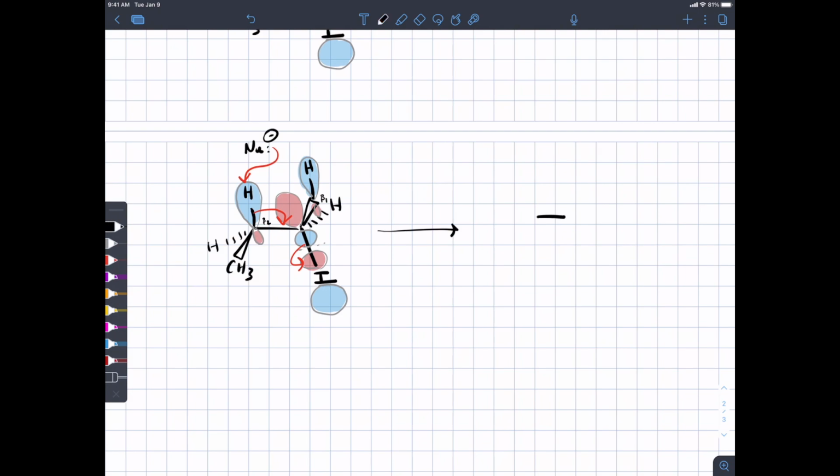The product then is not a substitution product, but an elimination product. It's called an elimination product because you've removed a hydrogen from the molecule and your leaving group, I-, left.